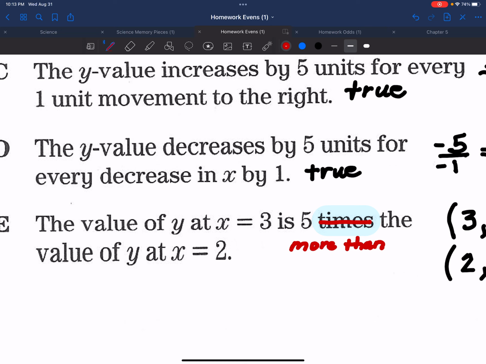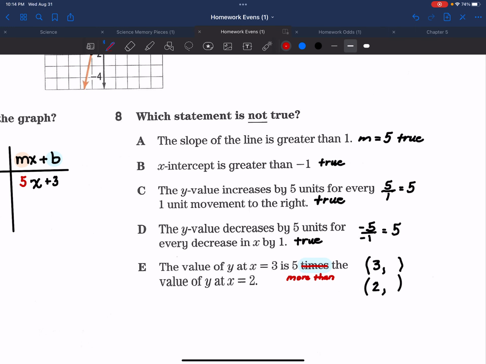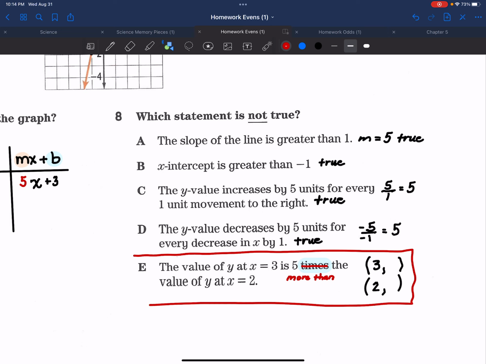The value of y at x equals 3 is 5 more than the value of y at x equals 2, not multiplied by. This to me is a very tricky question. I don't really like that question, honestly. But they don't ask me if I like them. The answer you want on this one is E. Not multiplying slope, you're adding 5. Stairs don't multiply, they add each time.